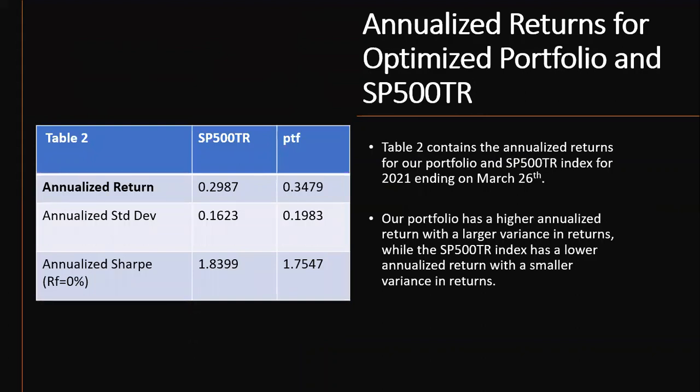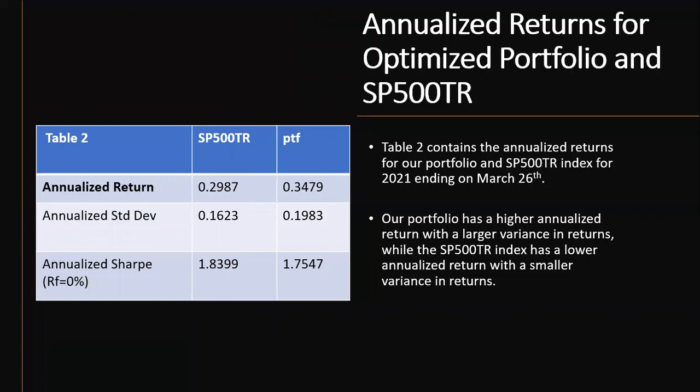Next, we have the annualized returns for optimized portfolio and SP 500 TR. In Table 2, it contains the annualized returns for our portfolio and SP 500 TR index for 2021 ending on March 26th. From this table, we observe that the annualized returns for our portfolio is approximately 0.3479 with a standard deviation of 0.1983.